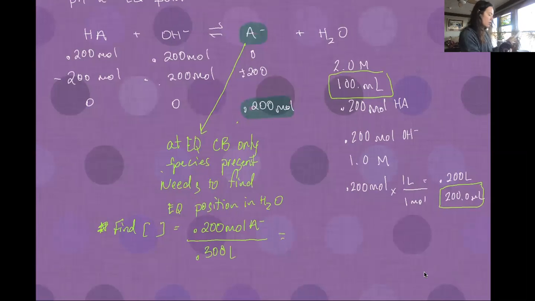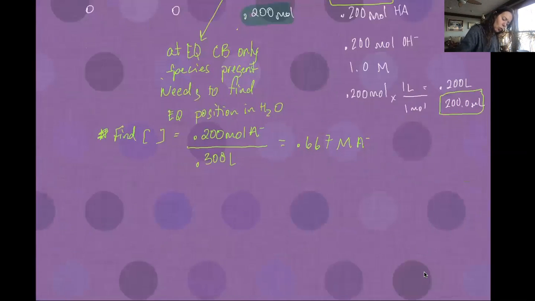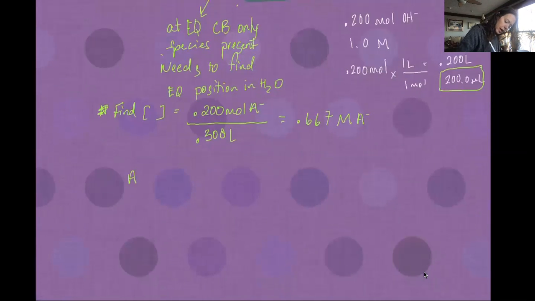What's 0.2 divided by 0.3? 0.67, 0.667, I guess, if you want. In a problem like this, that's not your focus right now. 0.667 molar A. We need to write the reaction with A in water.